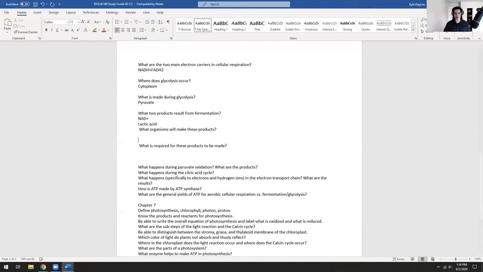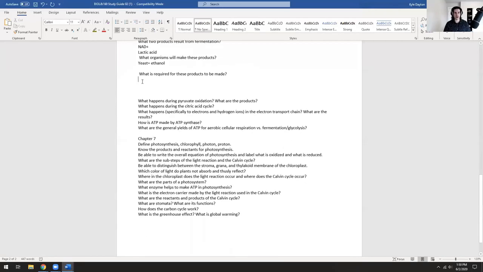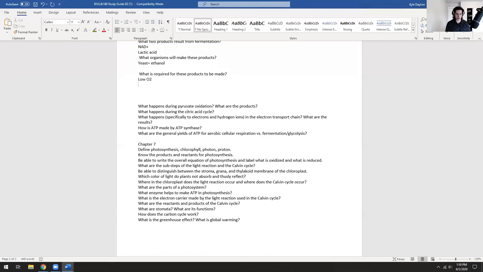Anything that can ferment will make NAD+, will make lactic acid. Yeast will make ethanol. What's required for these products to be made? Low O2, or you could say anaerobic conditions.